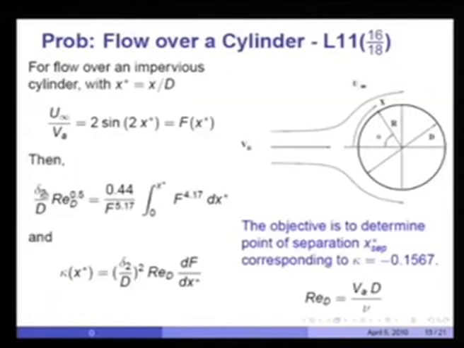So I can show that delta 2 by d RED will be that, and kappa will be this. Our objective is to determine the location of the separation point corresponding to kappa equal to minus 0.1567. RED is equal to V A D by nu, which is the Reynolds number defined for flow over a cylinder.